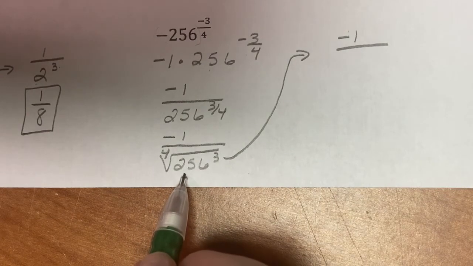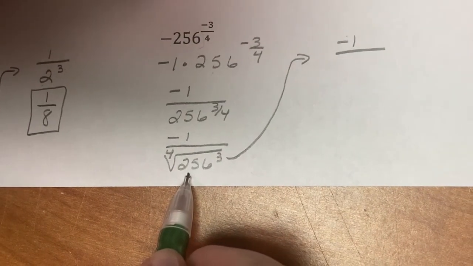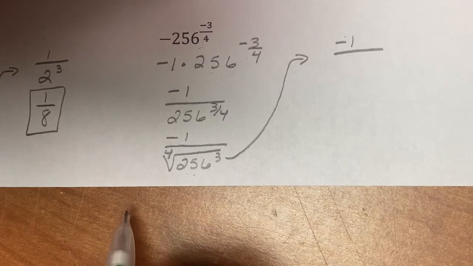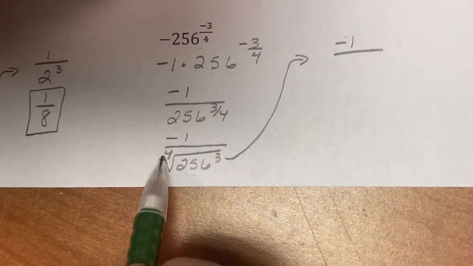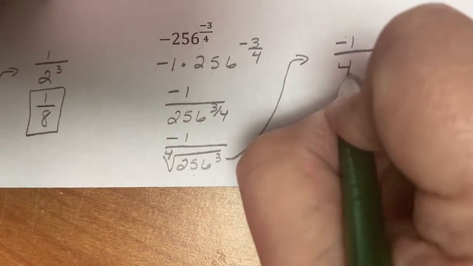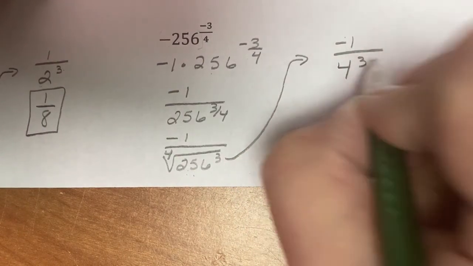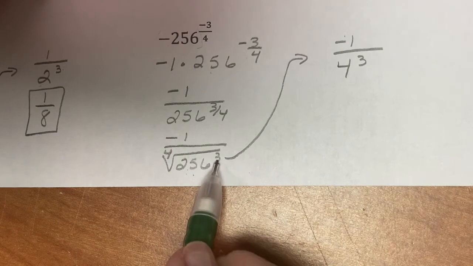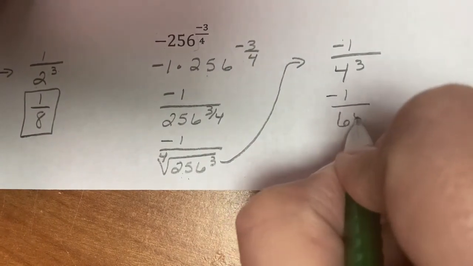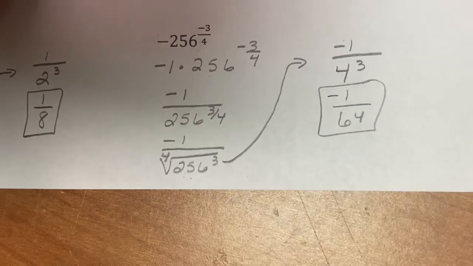Now, this is a hard one. Kind of the way I thought about it is the square root of 256, I know, is 16, and then the square root of that is 4. So that helped me. The 4th root of 256, though, is 4. And then I'm going to raise that to the third power. That's this 3, which becomes negative 1 over 4 cubed is 64.